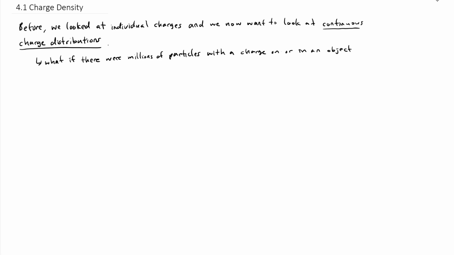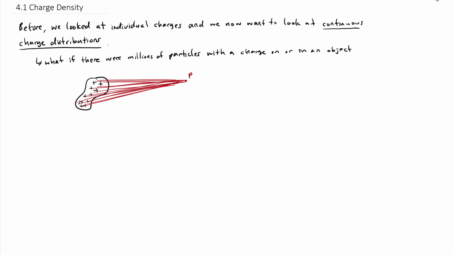So in other words, if I was trying to look at the effect of some charged object like this, which had tons of charges here, and it has a continuous charge distribution across the whole object, and I was trying to find its effect on a point P over here, then I'd have to consider the effect of this charge on P, this charge on P, and tons of contributions coming from different areas of the object.